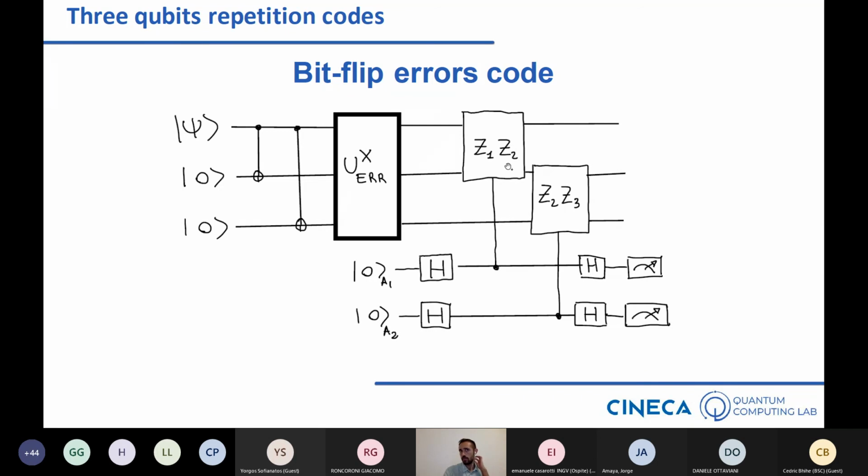So you have zeta1, zeta2. This block is associated with the error that may happen in the first 2 qubits. So, in these repetition codes, I guess it's necessary to have this kind of gates.